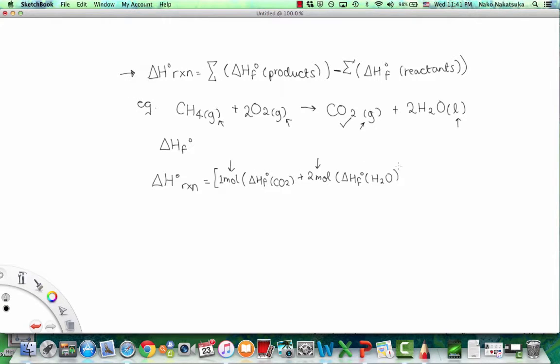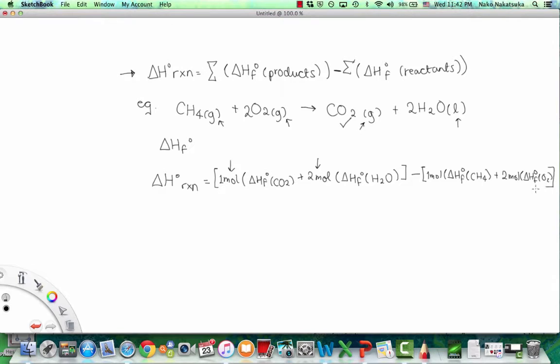From here, we subtract 1 mole of the delta H of formation of the reactants now, so methane, CH4, plus 2 moles of the delta H of formation, I'm sorry this is getting all squished now, of oxygen.